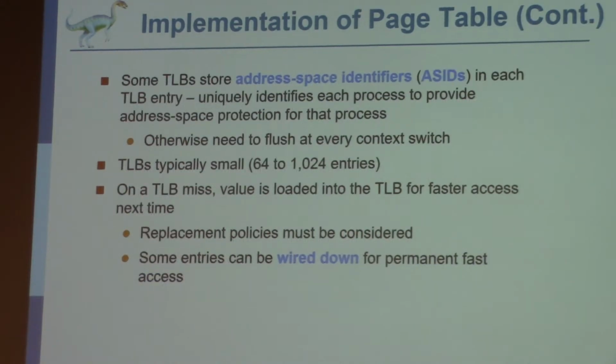Is this big or small? It doesn't have to be big. If big, that's the same problem as the original page table. We just keep the frequently accessed entries. So that is the TLB. It's usually around 64, a much smaller number than the physical page number.